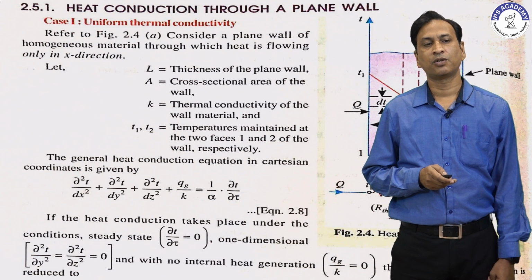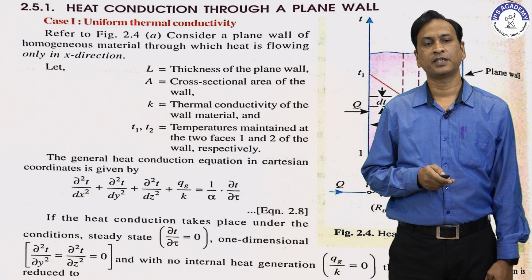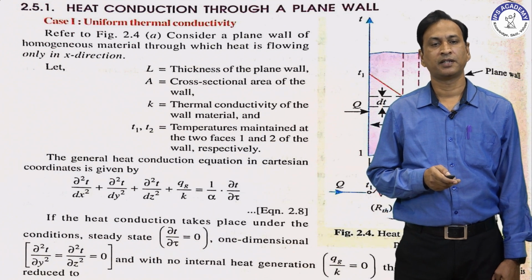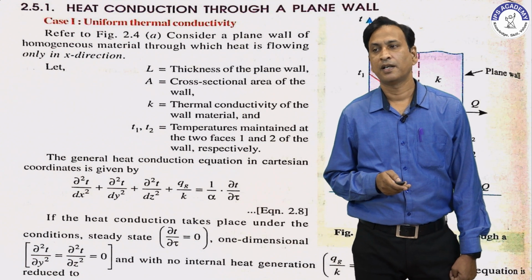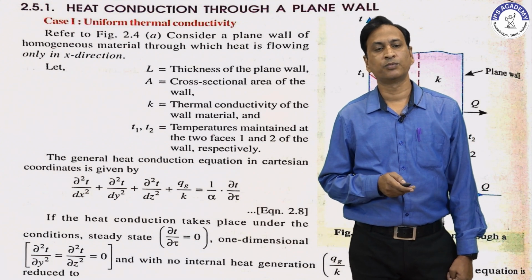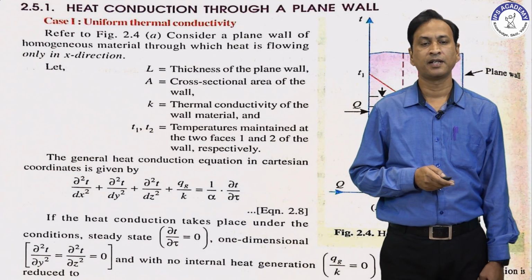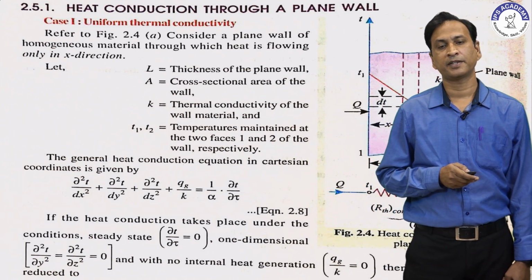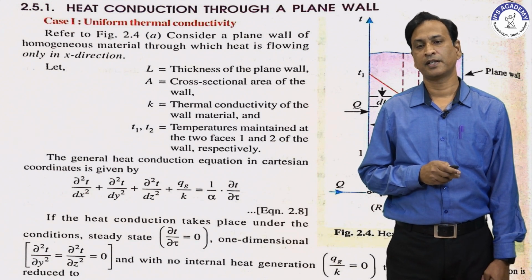Consider a plane wall of homogeneous material through which heat flows only in the x direction. Let L be the thickness of the plane wall, A the cross-sectional area of the wall, K the thermal conductivity of the wall material, and T1 and T2 the temperatures maintained at the two faces 1 and 2 of the wall respectively.